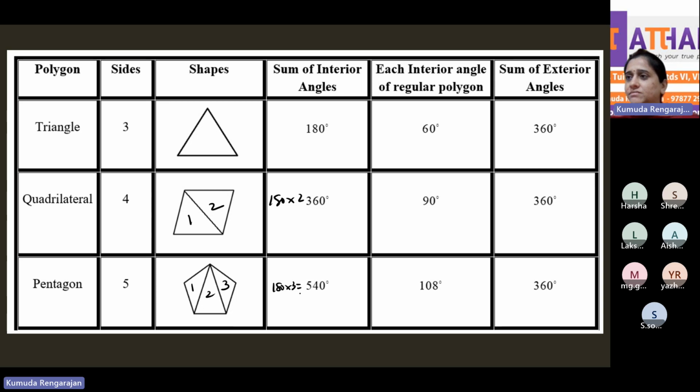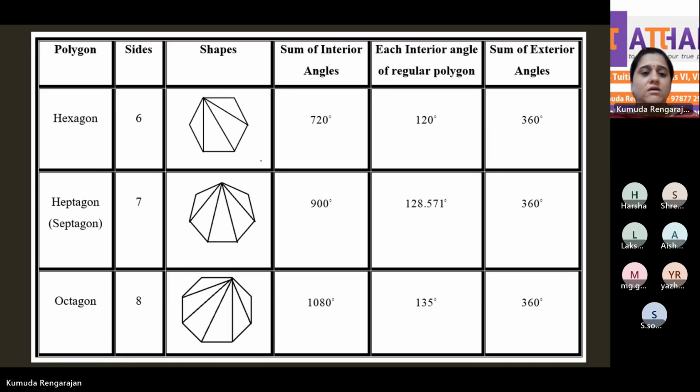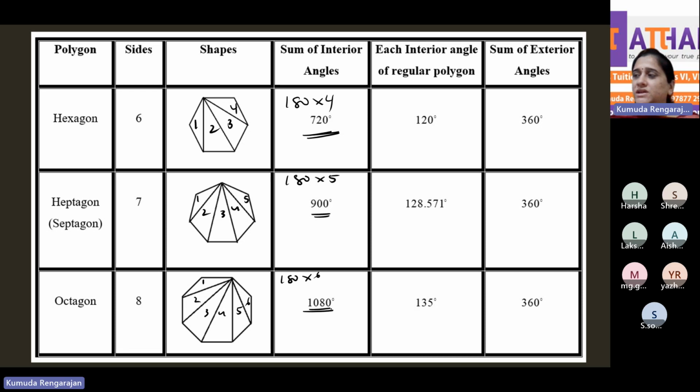Angle sum property. 4 triangles, so 180 into 4, 720 degrees. 5 triangles, so 180 into 5, 900. 6 triangles, so 180 into 6, 1080 degrees.